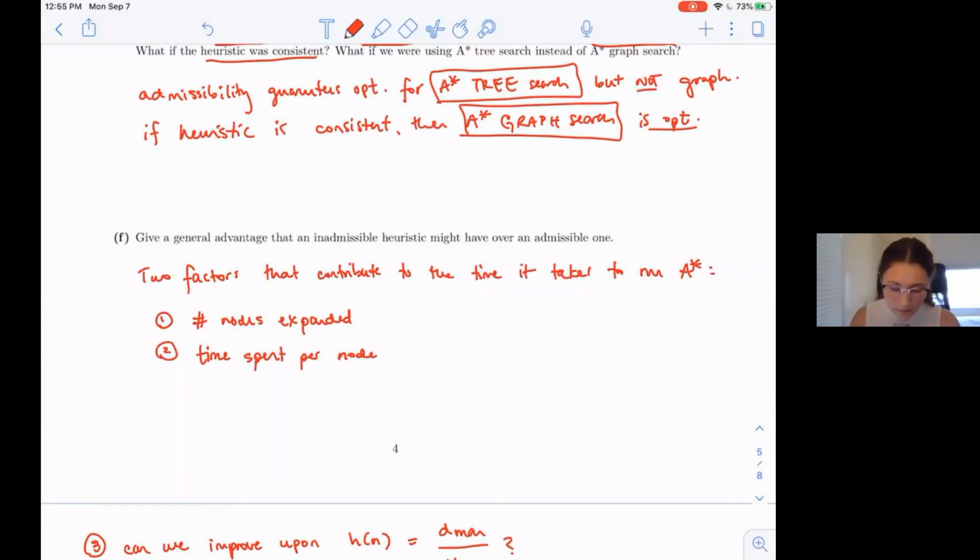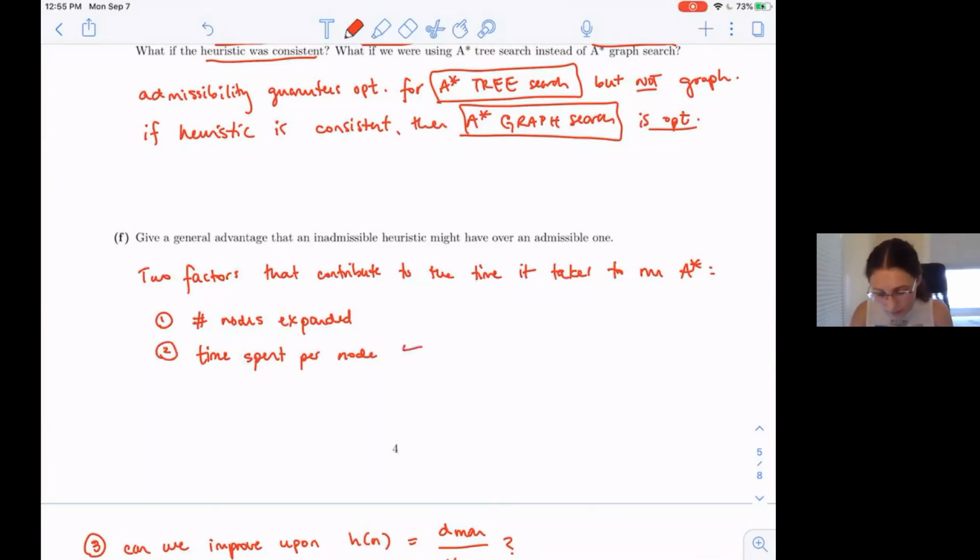And so one general advantage that an inadmissible heuristic might have over an admissible one is that it may be really fast to compute. In scenarios where you don't care as much about an optimal path, because an inadmissible heuristic will not give us optimality, but you want a really fast algorithm, that might be a trade-off you are interested in.